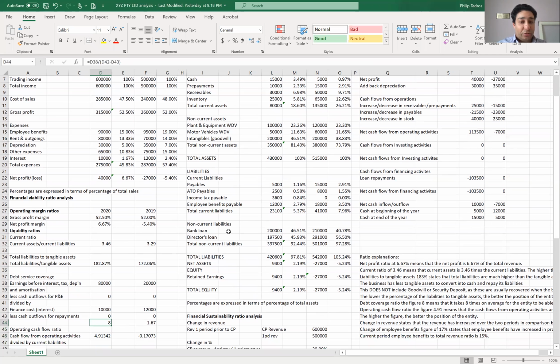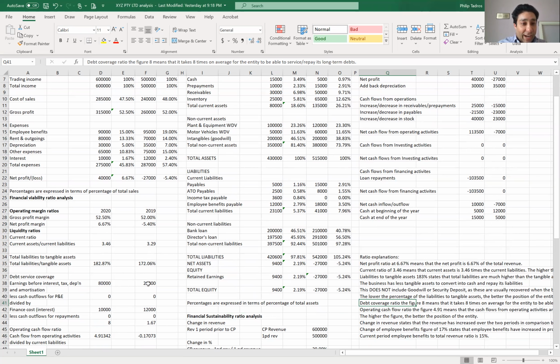Okay, the next liquidity ratio is the debt service coverage ratio. So we're concerned with the number of times it takes a business to be able to service or repay its long-term debts. So in this case, we work with earnings before interest and tax and depreciation.